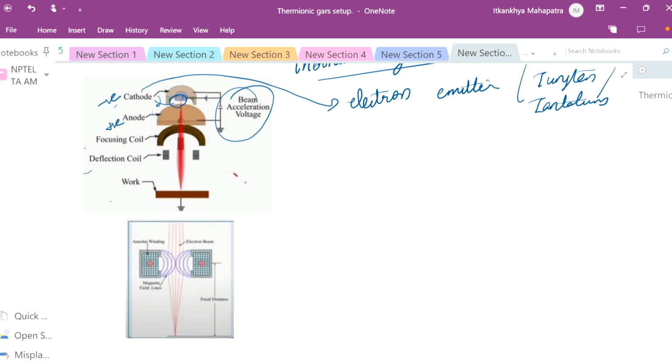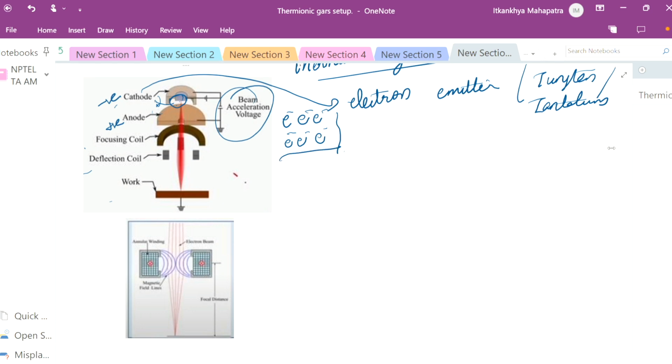Now a problem arises, that this beam consists only of electrons. We know like charges repel and unlike charges attract. Now when this group of electrons have the same charge, they will try to repel.